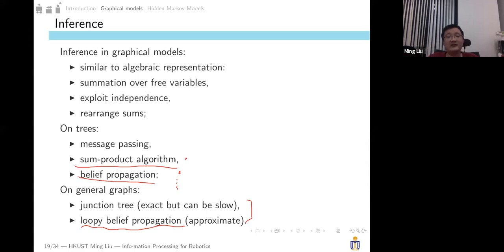Okay, this is about inference. We don't want to spend too much time on inference. There are existing algorithms to solve it, and nowadays you can get a lot of libraries. Once you define the graph and the cost function, the potential function, the inference comes automatically.